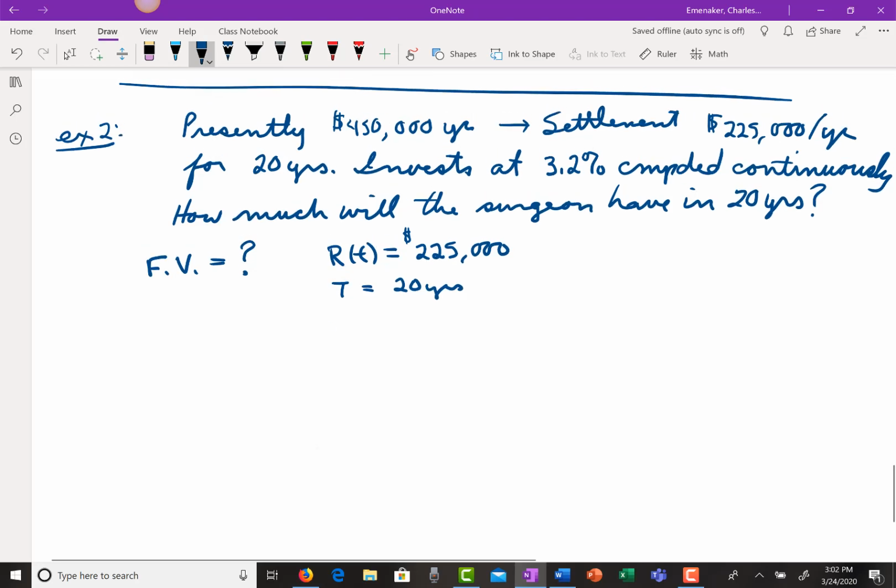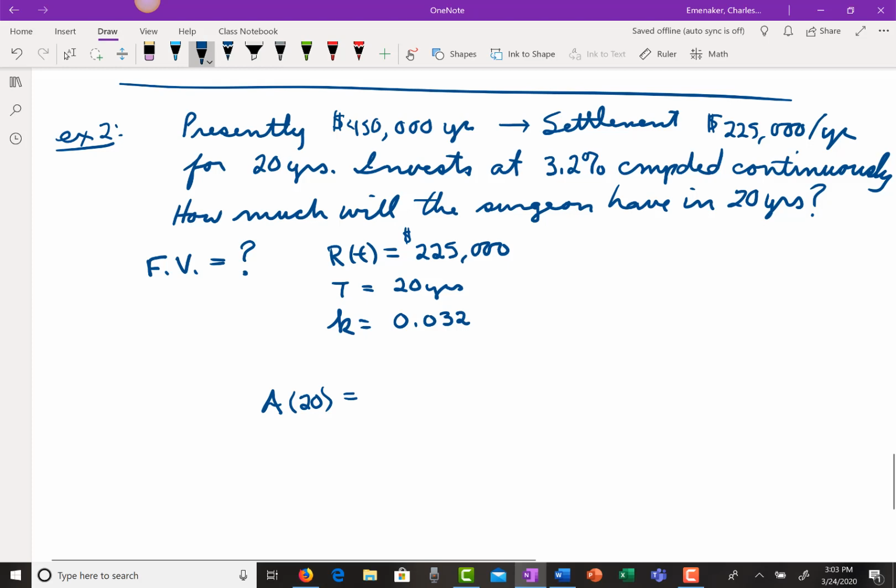Now here's where you got to be careful. K, the rate of return, we're going to have to convert it back to a decimal, 0.032. Okay, so with that information, we can then compute the amount of money that's going to be in this account in 20 years.